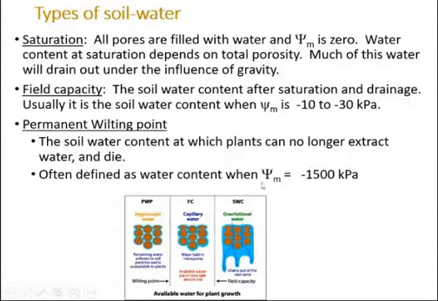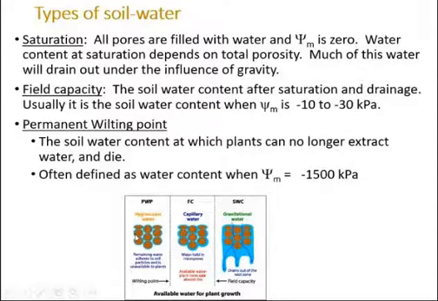Now let's look at the permanent wilting point. The permanent wilting point is basically the point at which the plant can no longer extract water. Why? Because this water is now held tightly in the soil. After the water drains and is consumed, there will be some water that is held tightly in the pore spaces.